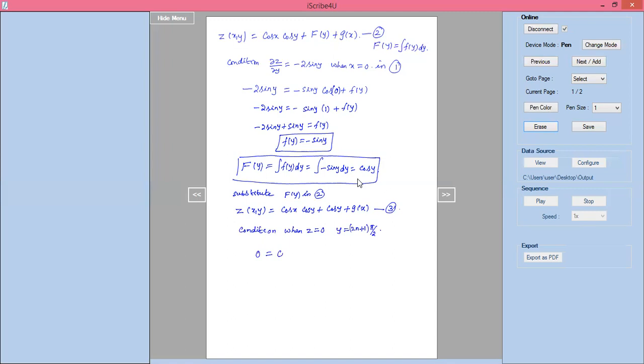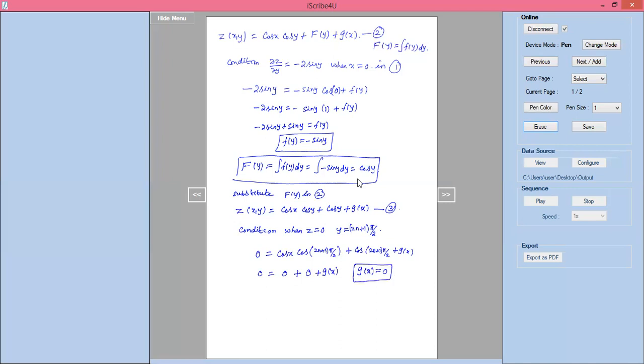Cos x into cos of 2n plus 1 pi by 2, plus cos of 2n plus 1 pi by 2, plus g of x. Now 0 equal to cos pi by 2 is 0. Cos 2n plus 1 pi by 2 is also 0. This is also 0, this is also 0. You will get g of x equal to 0.